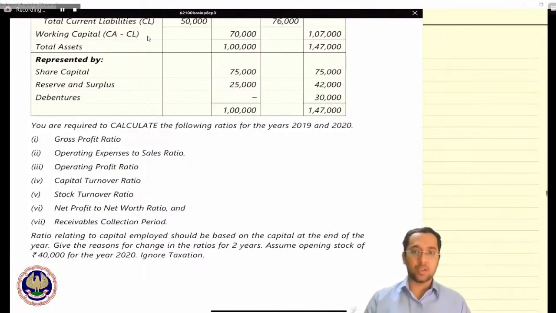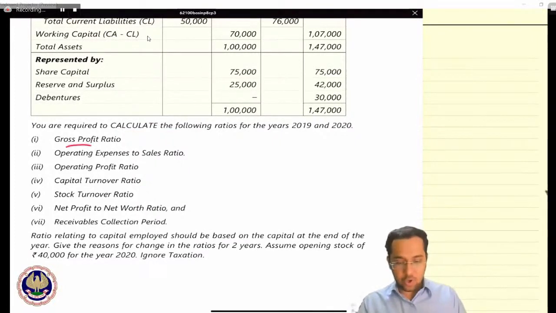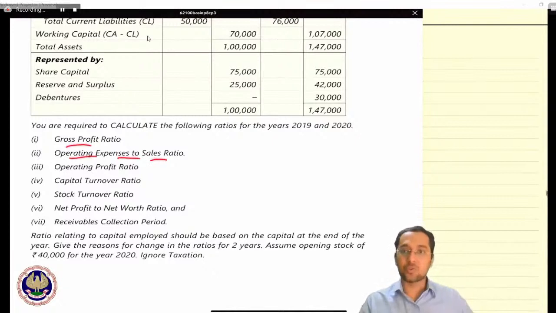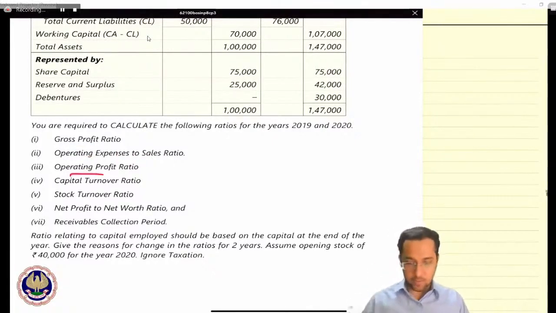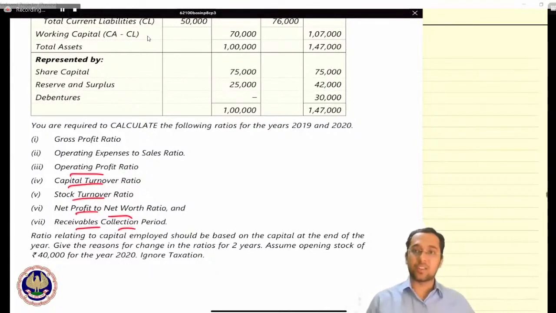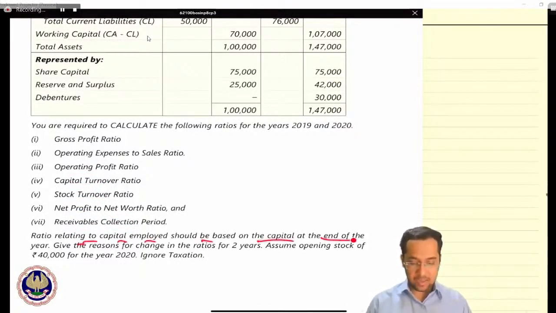Let's quickly go for this question without any more waiting. We have to compute gross profit ratio, operating expense to sales ratio. We have to get the operating profit, capital turnover, stock turnover, net profit to net worth, receivables collection period. Ratio relating to capital employed should be based on capital at the end of the year.